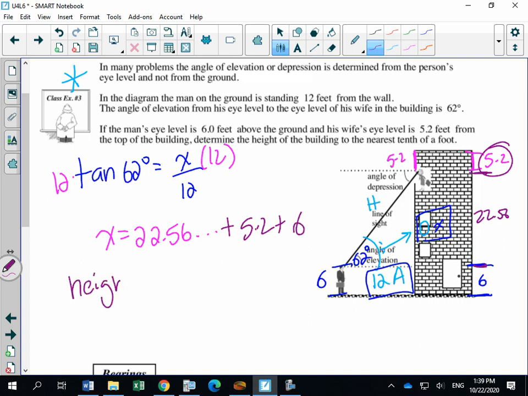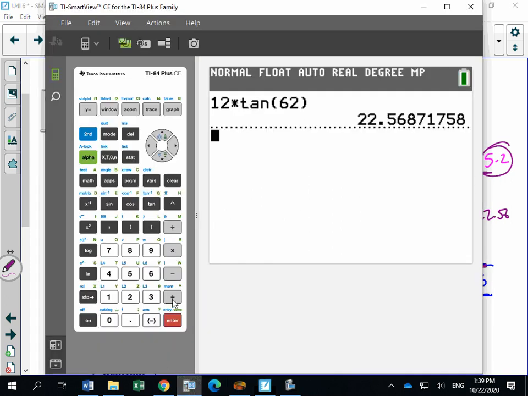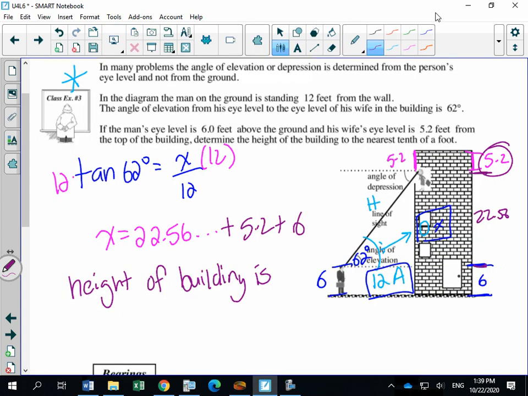Height of building is that number plus 5.2 plus 6. 33.8, to the nearest tenth of a foot, so 33.8 feet would be the correct answer.